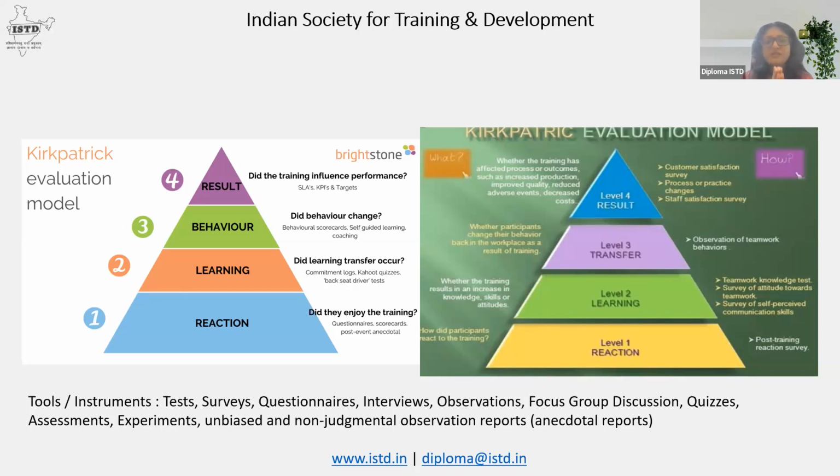Again, we are talking about qualitative and quantitative tools here, to understand if the change in behavior is consistent or just at a superficial level. Something can be fabricated very easily as well. So it is a matter of time which will tell us that there is a change in behavior. If not 100%, at least there is some change, and we are able to understand that through these aspects. This is a clear understanding of how the training effectiveness has been.